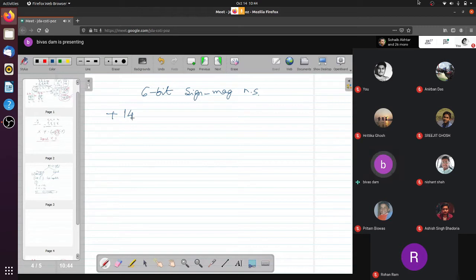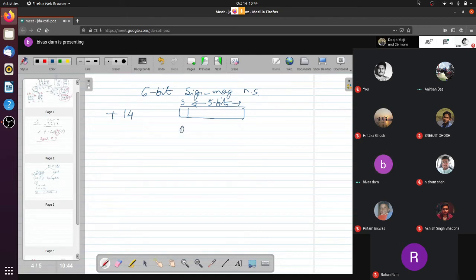Let me do it for you. We are provided with a 6-bit sign magnitude number system. So as it is a 6-bit sign magnitude number system, it will have 6 total bits, out of which the MSB is the sign bit, and the least significant 5 bits will represent the magnitude directly. Now, what will be the sign bit for this plus 14? 0. Please be louder. 0.